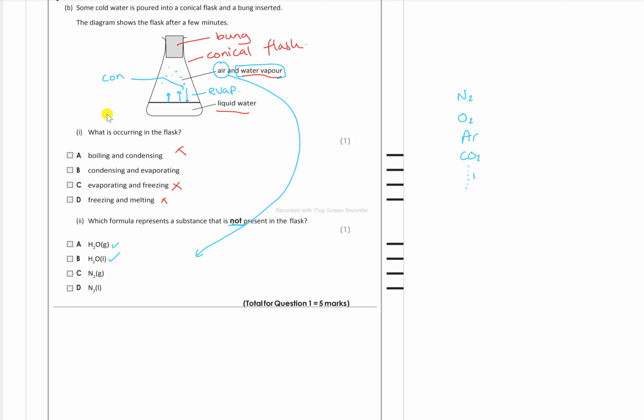In this case, it's water vapor. Right, so we know it's not them two. So now we need to decide, is it nitrogen gas or liquid? And nitrogen to be at a liquid is going to be a minus temperature, minus in the minuses.